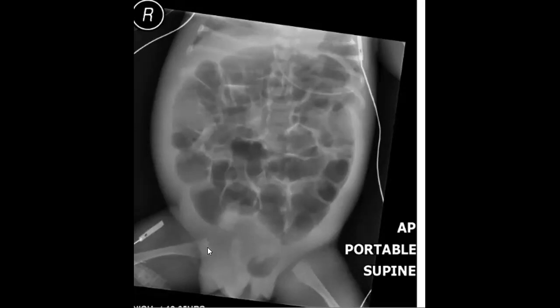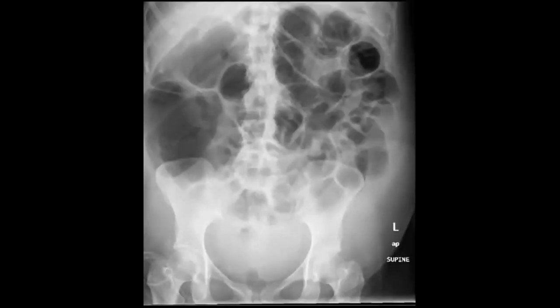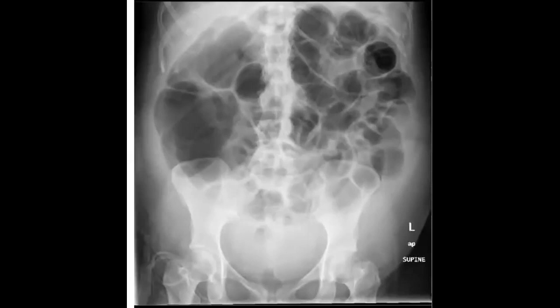If you look below the inguinal ligament, if you find any air, this is the hernia. Small bowel dilatation and large bowel dilatation, same patient, paralytic ileus.